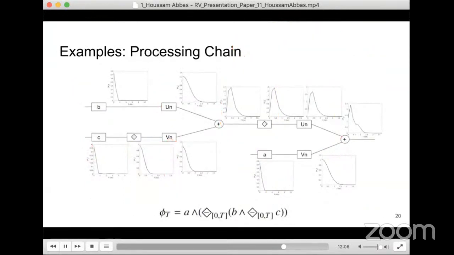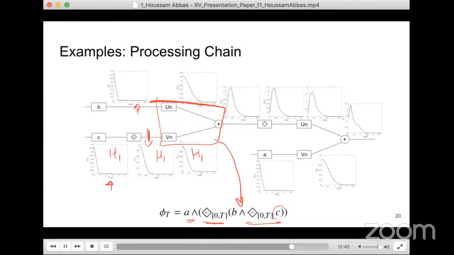Now here's a more complicated example. We have a formula with embedding of operators. So it says A, and then in the past, some t up to t seconds in the past B, and up to t seconds in the past before that C. So I represent this as a signal processing chain, right? Reading from the inside out, underneath each box, I'm representing the first order response. So this is the response of C. This here is the response of once C. This is the response of B. And these now take care of this first end.